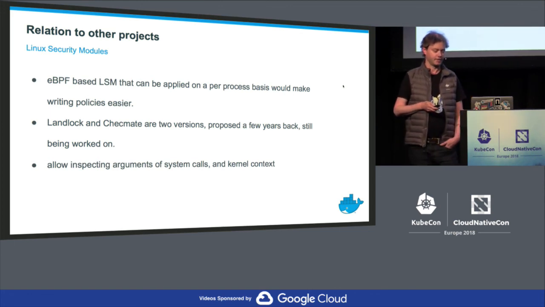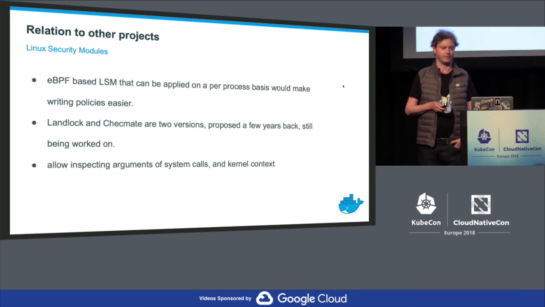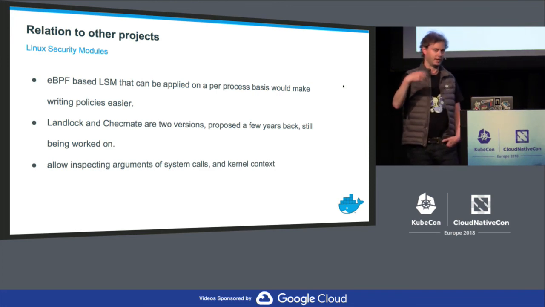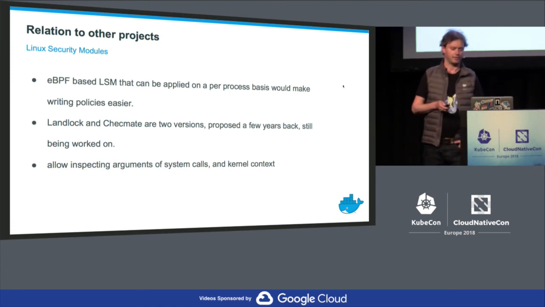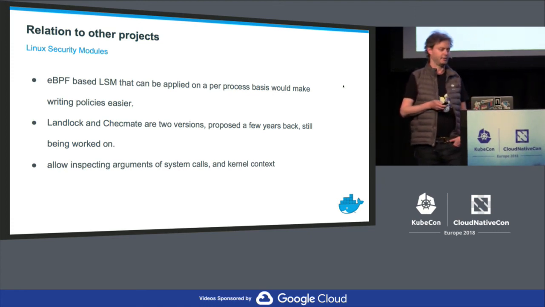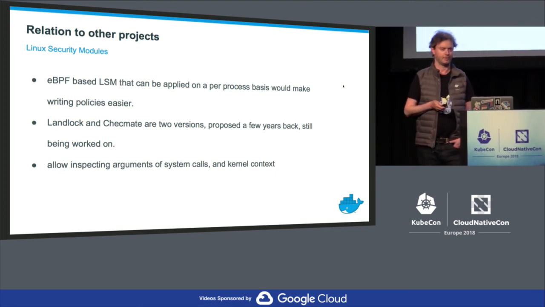That would make it much easier to deal with conflicts between different types of policy that want to restrict the same system calls. There's been a bunch of work on that with Landlock and Checmate, and those are progressing quite a lot recently, and I think that's a really important area to look into to be able to write more detailed policies.